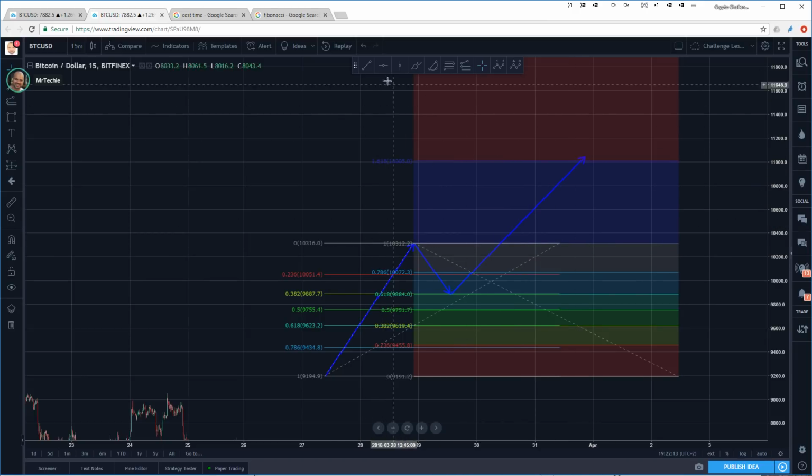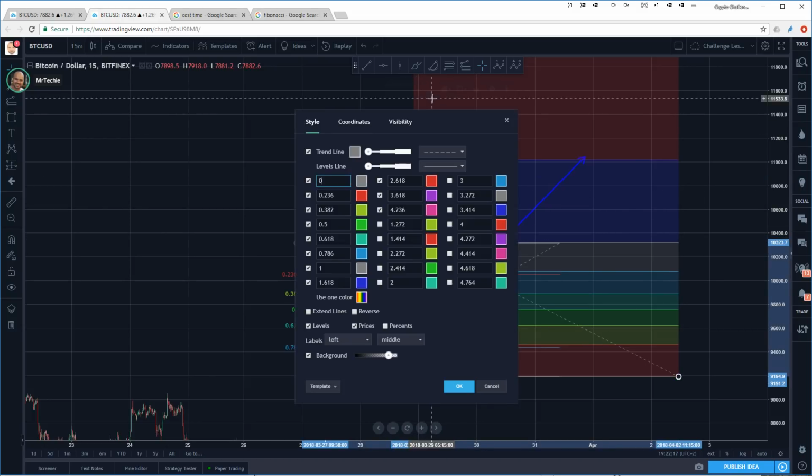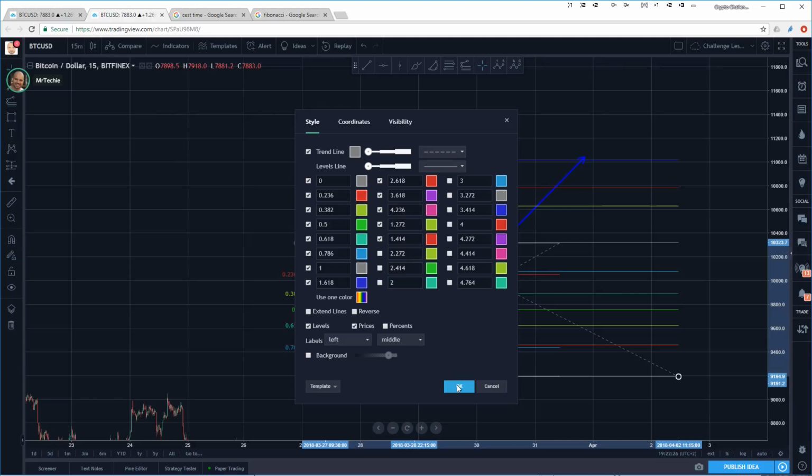So what you do is you come in, you come to just any point, select it, edit, add in 1.272 and 1.414. And as for me, personal preference, I don't like the backgrounds there, okay? And because I have Fibonacci retracement and also the Fibonacci extension on, I like to make my extension lines dashed.